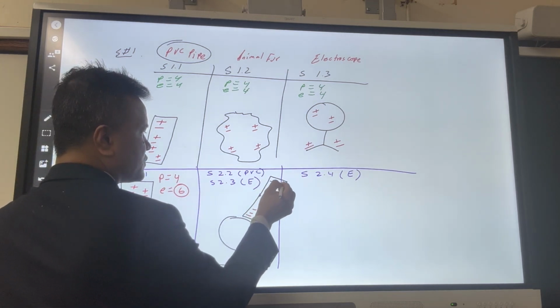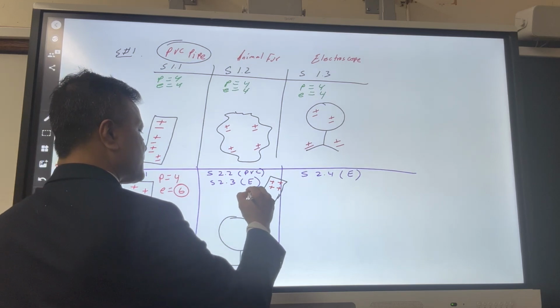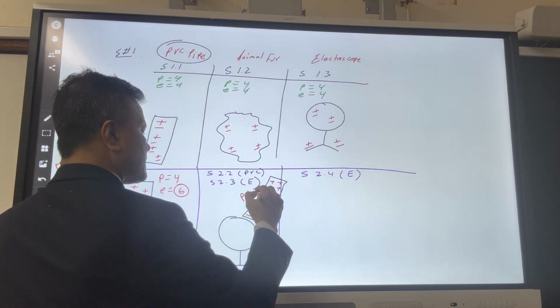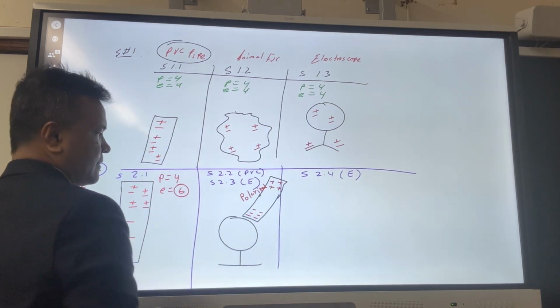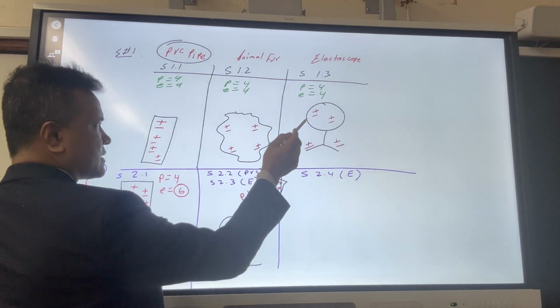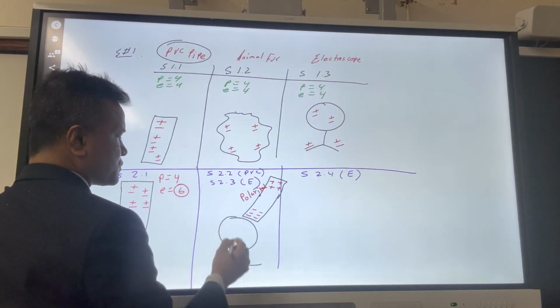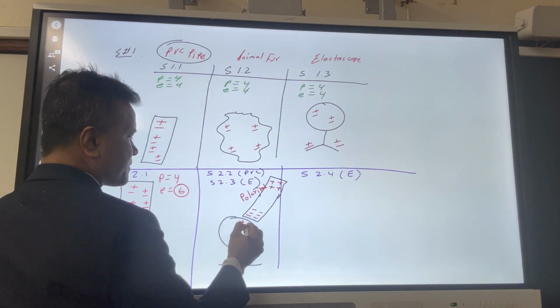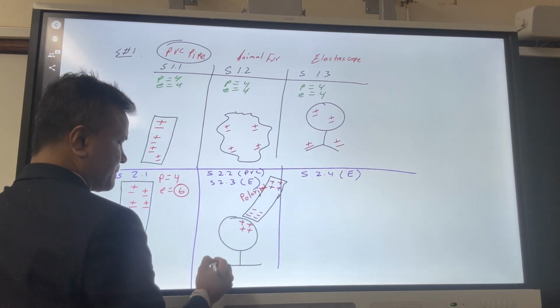And 1, 2, 3, 4. So this is polarized. And this was like this before. 4 proton, all the 4 proton gonna be here, and all the 4 electron gonna be here.